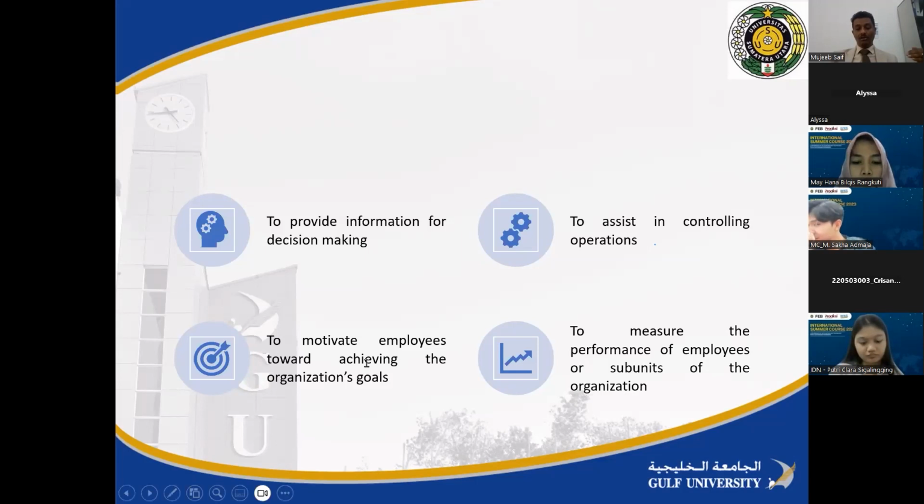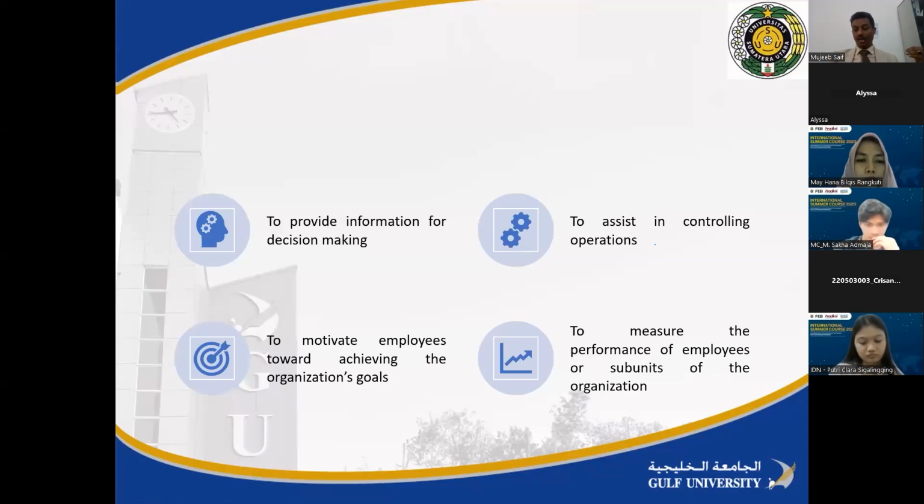Right? Also, there is another way that we can use to motivate employees to achieve the organization's goals, and also to measure the performance of employees.